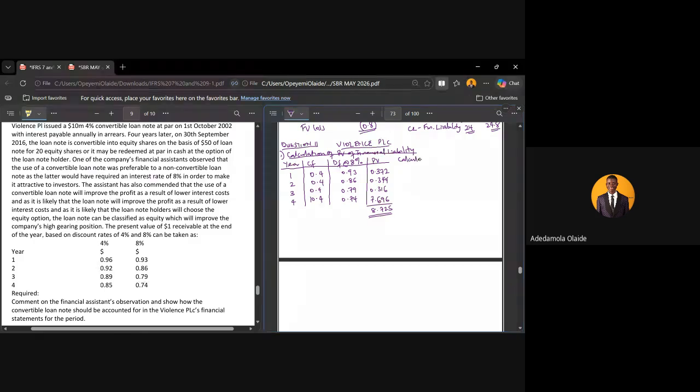So we'll say calculation of equity component of the transaction. The equity component of the transaction will be the nominal value, which is 10 million. Because we are using three decimal places, let's take it to 1,000.